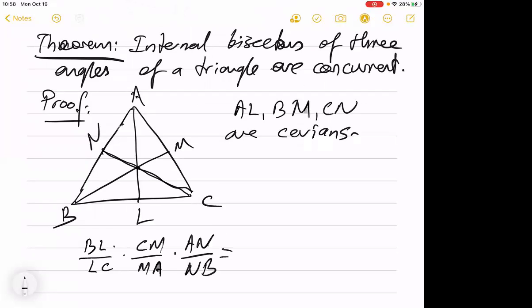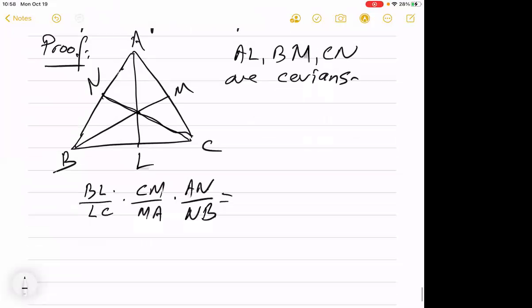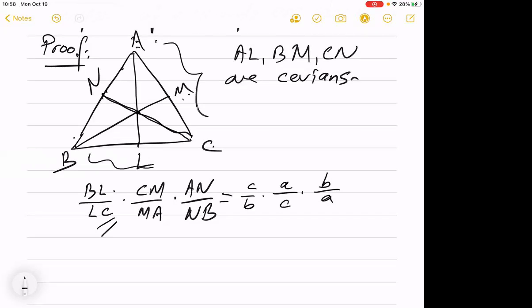BL over LC is, remember, C over B, from the first statement. CM over MA is equal to A over C, and AN over NB is equal to B over A. B is this side and A is that side.